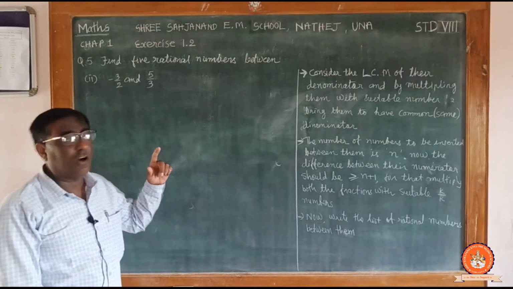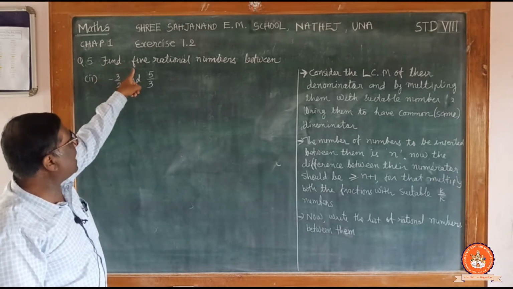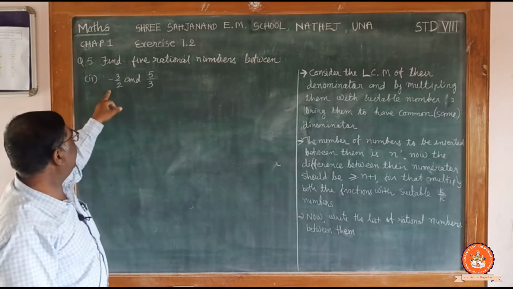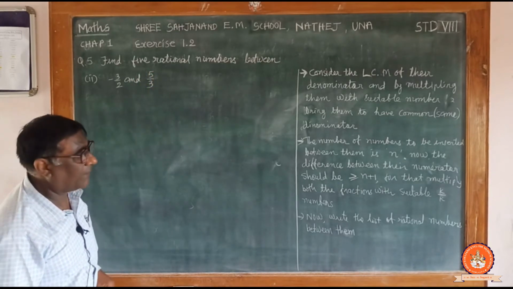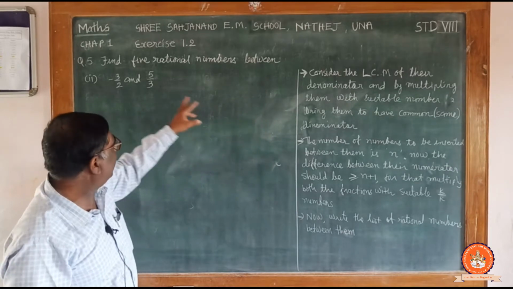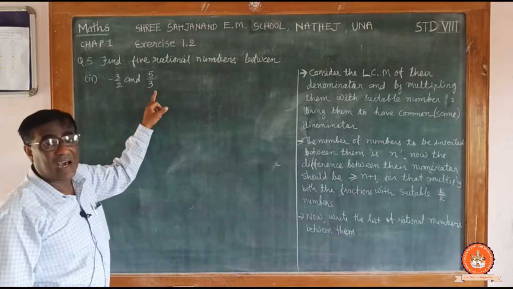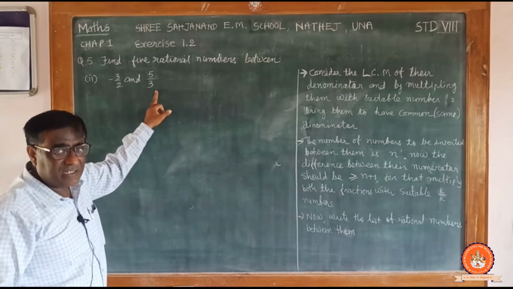Now the second one of question number 5, we have to find 5 rational numbers between minus 3 by 2 and 5 upon 3. So consider the LCM of their denominators. 2 and 3 are their denominators and their LCM is 6.